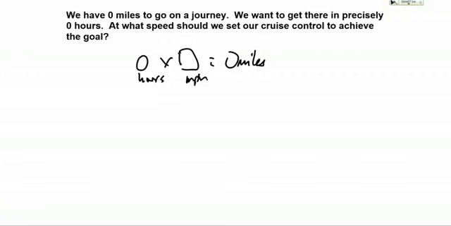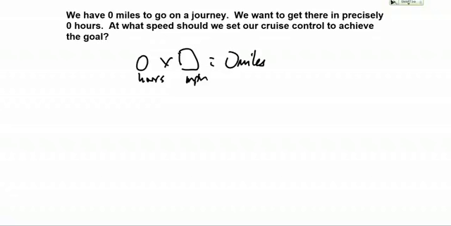And so, we could really set it at any speed we want. So all we have to do is set the button, say, at 5,000 miles per hour, if we could do that. And just do that for 0 hours here, and of course we will go 0 miles. We could set it at -8 miles per hour. Say go westward instead of forward here, 0 miles. And once again, you don't even start the car.